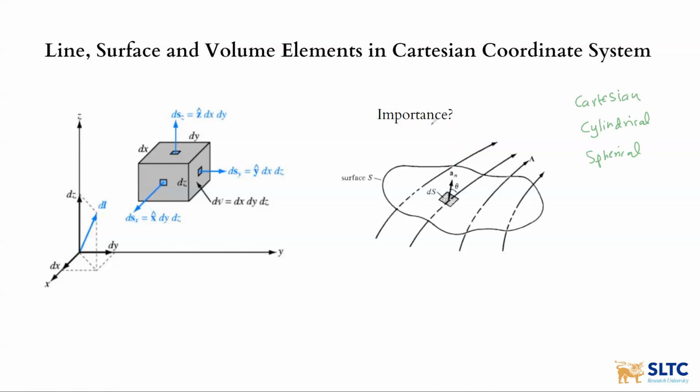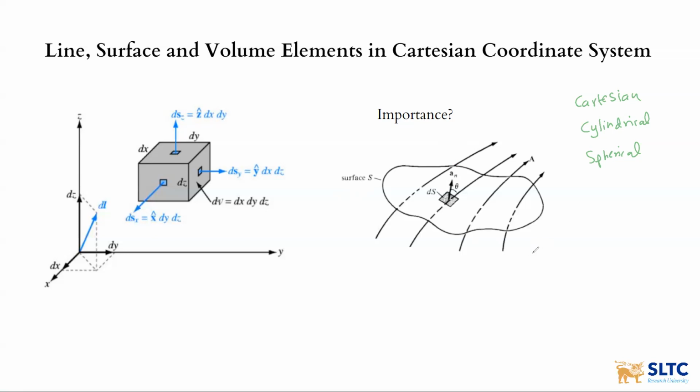So especially electromagnetism is working along multiple surfaces. Right? So in electromagnetism and in physics in general, we are observing electric fields and magnetic fields varying along the space.